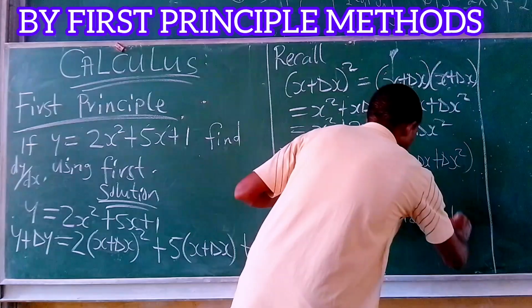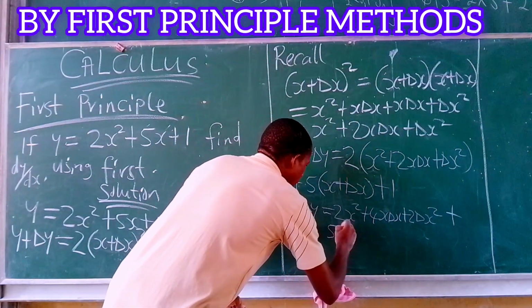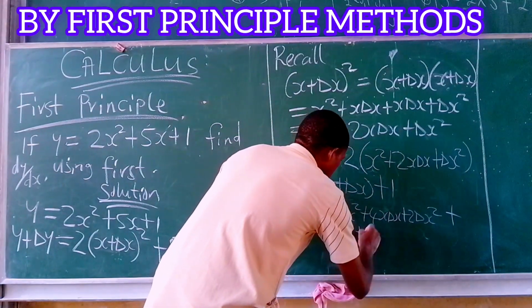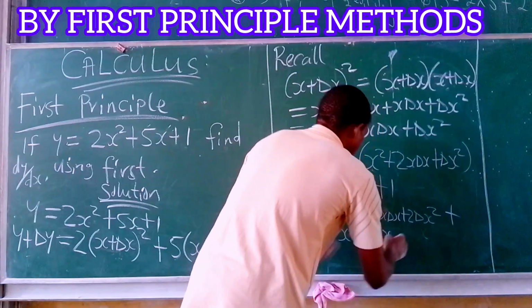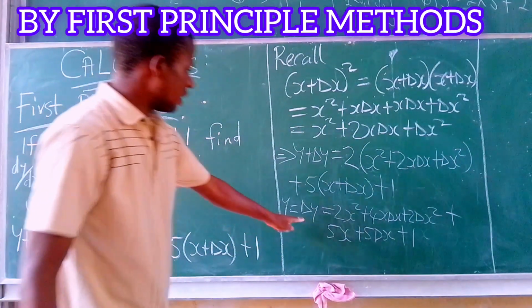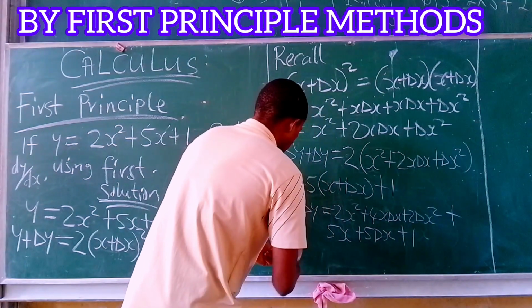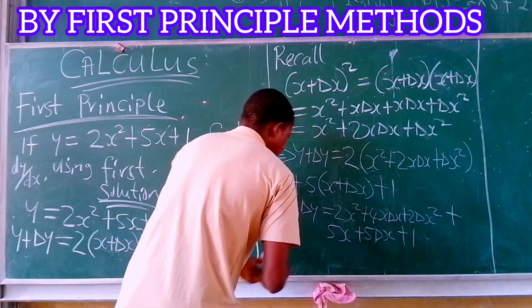Then plus 5 multiplied by x gives us 5x. 5 multiplied by δx is plus 5 δx, right? Then plus 1. I hope you are following. Okay, that's nice. Now for this one, don't forget this is y plus δy.